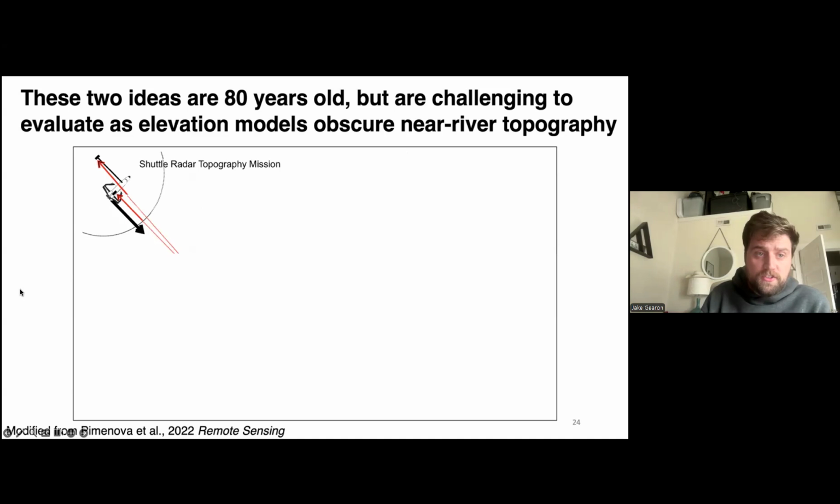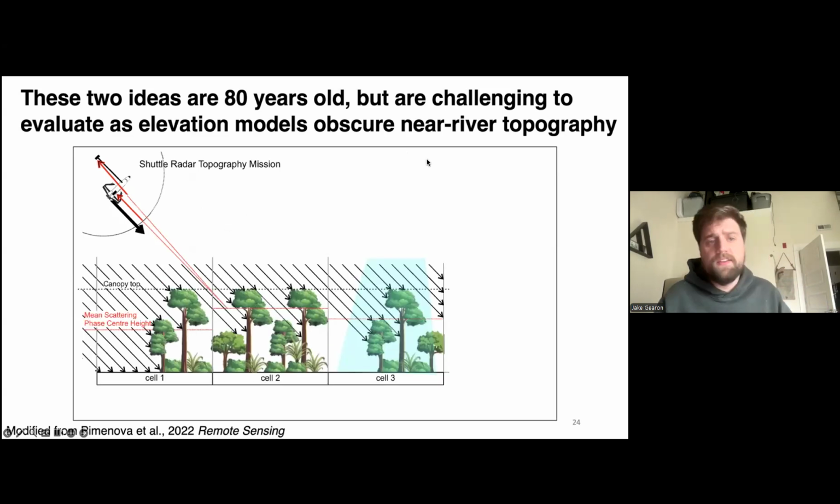So the first global digital elevation model of high resolution, more or less, that we as a scientific community were given was the Shuttle Radar Topography Mission, or SRTM DEM. And this was great because in 2001, they slapped a radar on the space shuttle, flew it around the Earth, covered, like I said, 80% of the globe, and gave us an idea of the elevation of the surface of the Earth.